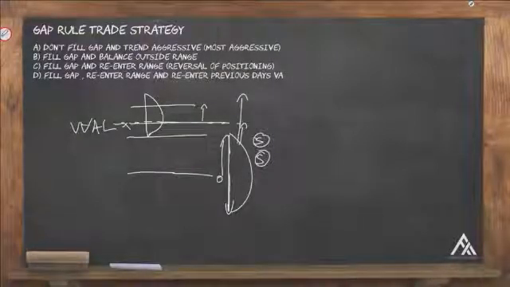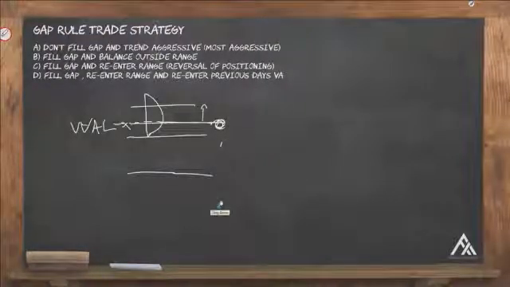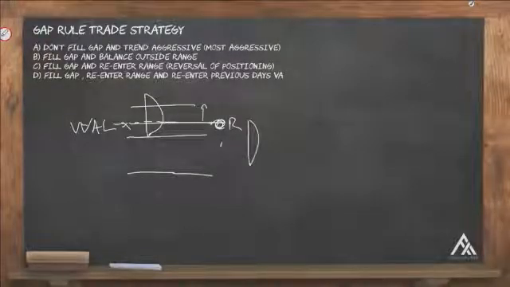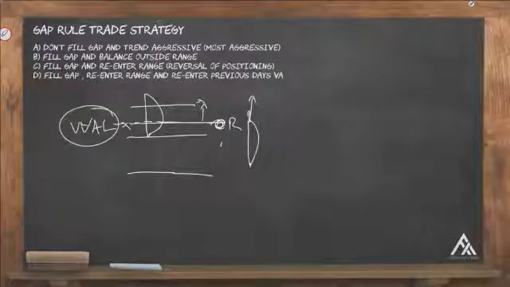If the market initially holds this area as resistance, but then it starts to trade above it, it's highly likely we're going to trade very quickly and aggressively to the other side of accepted value. So that would be the fourth example we'd look for, and it's very similar to the third. The only difference is we have a calculated target, which would be once we get above the previous day's value area low, we tend to then target the previous day's value area high.